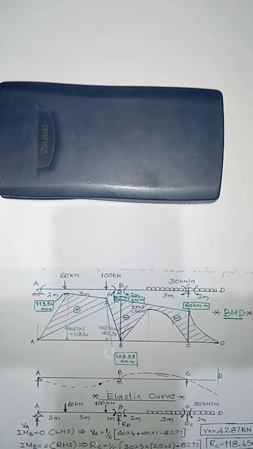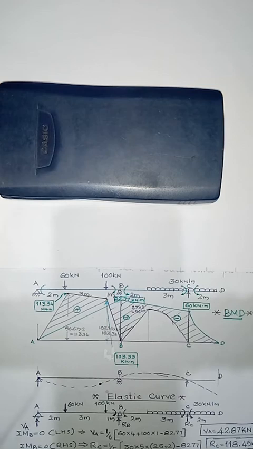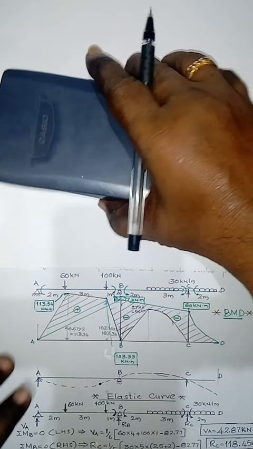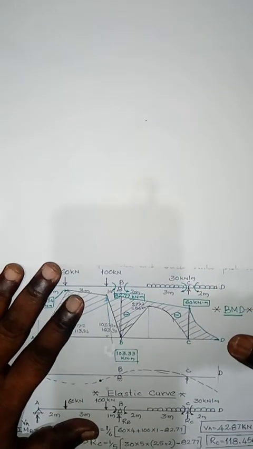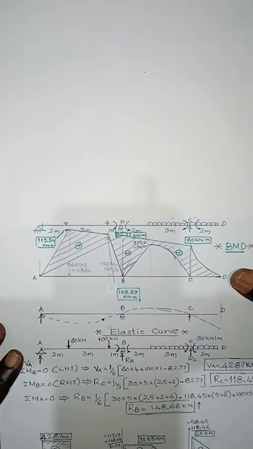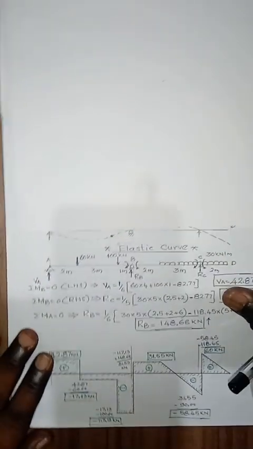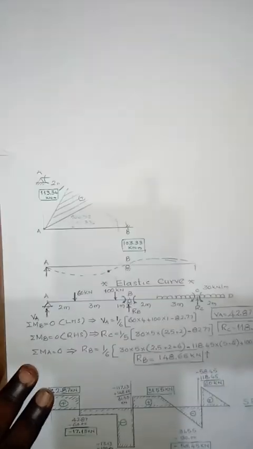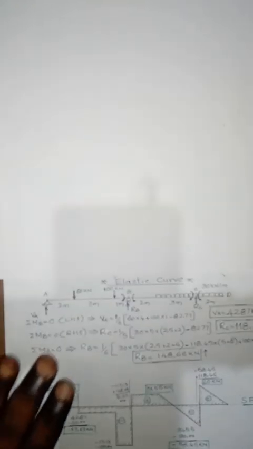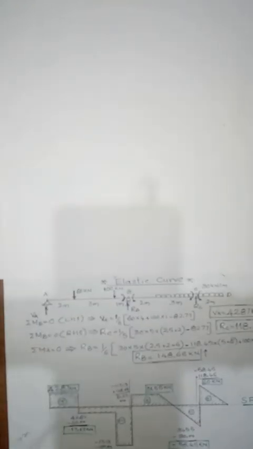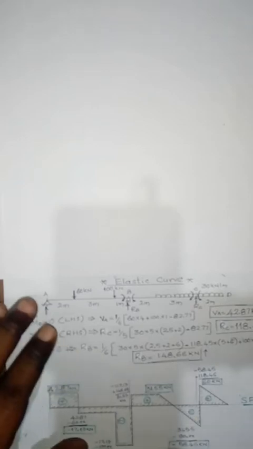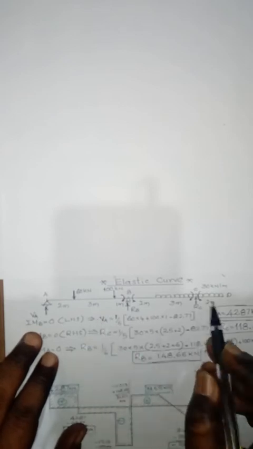Now to draw the shear force diagram, we have to consider this as the beam. Here this is your given B. To draw the shear force diagram for this, summation of MB equals 0.